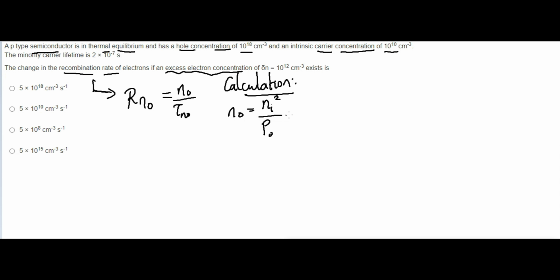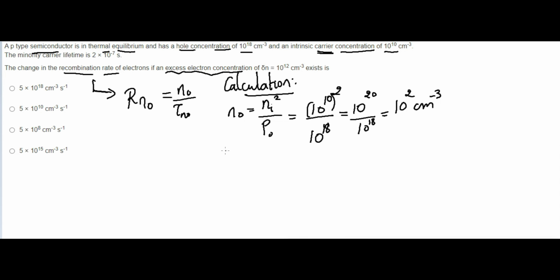Ni is 10^10, the intrinsic carrier concentration, so ni squared is 10^20. Divided by p0, which is the hole concentration, 10^18, as given. So 10^20 by 10^18 gives the answer 10^2 per centimeter cube.